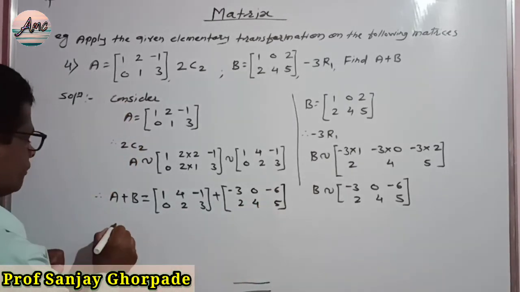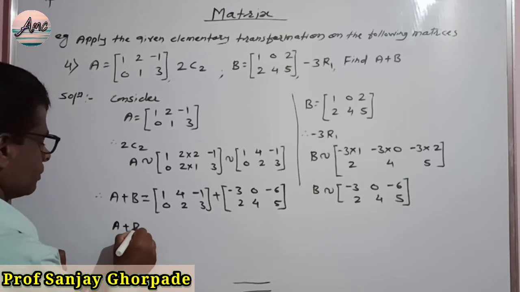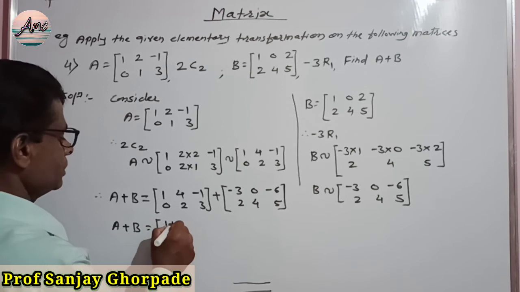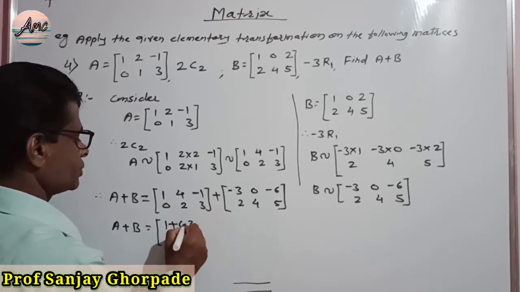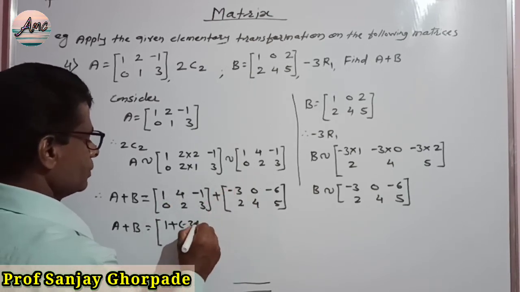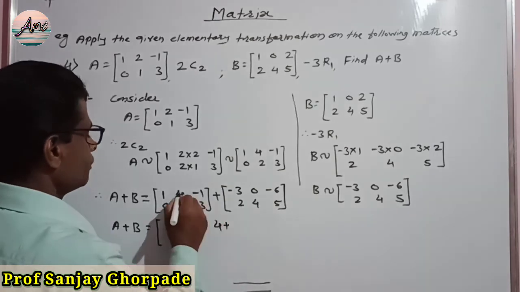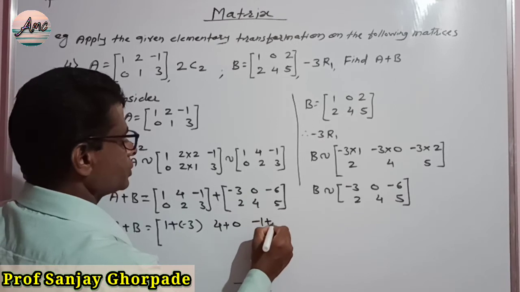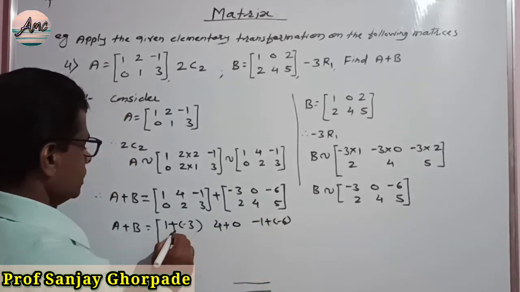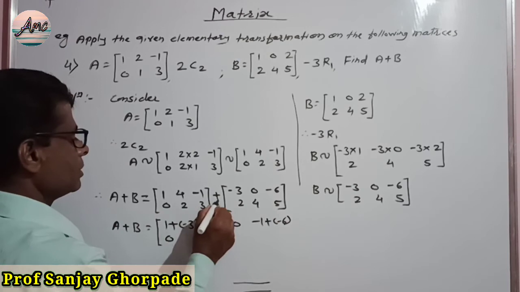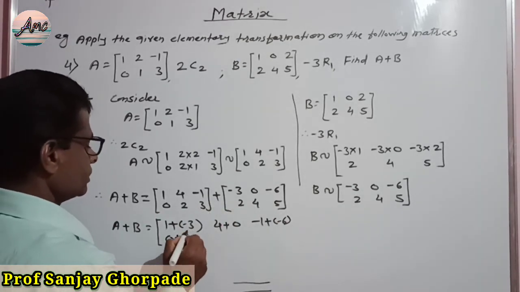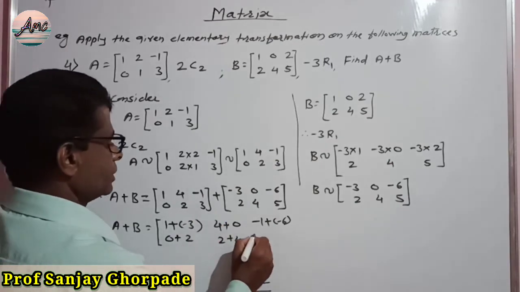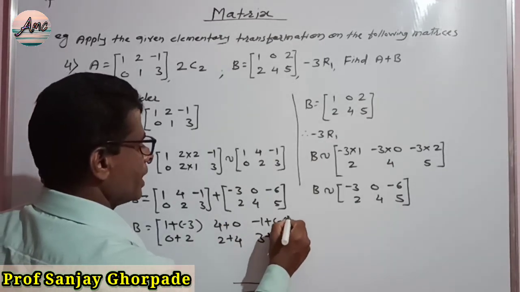Take the addition of these two matrices, which is obtained by adding the corresponding elements of both the matrices. So 1 plus minus 3, second with second, 4 plus 0, third with third, minus 1 plus minus 6, then 0 plus 2, 2 plus 4, 3 plus 5.